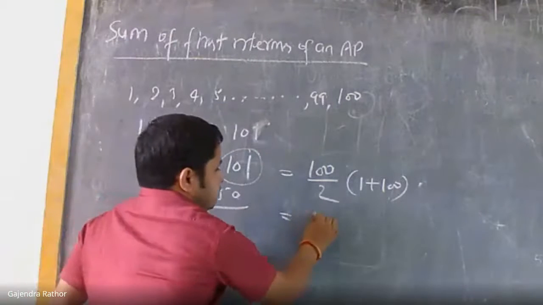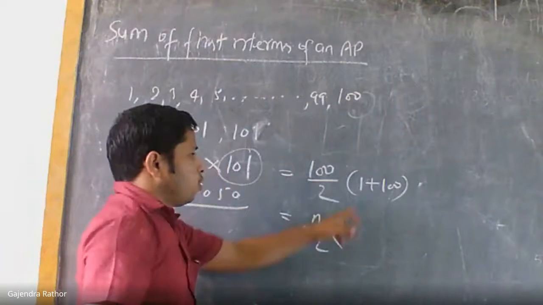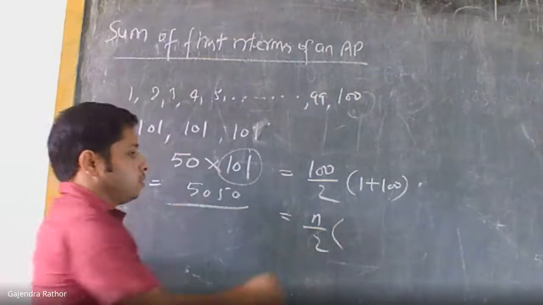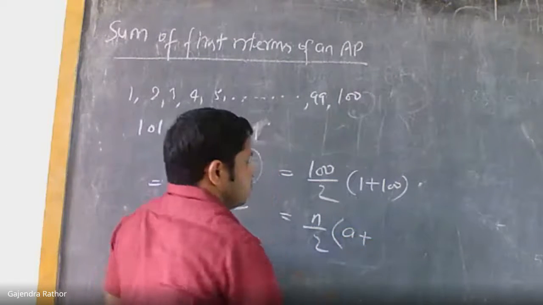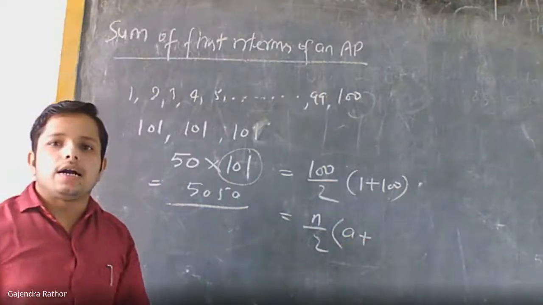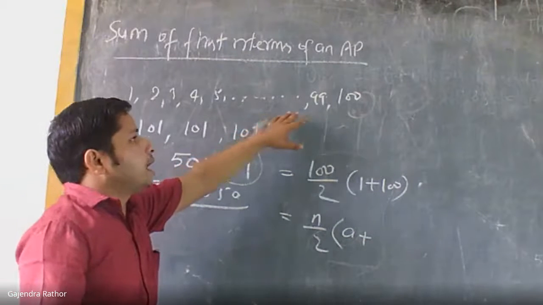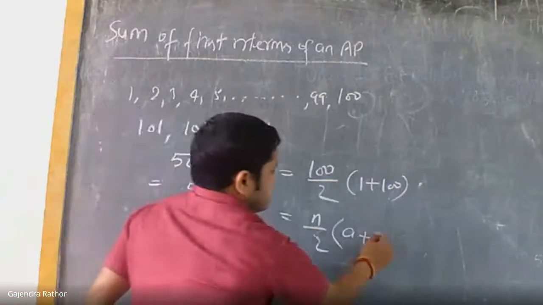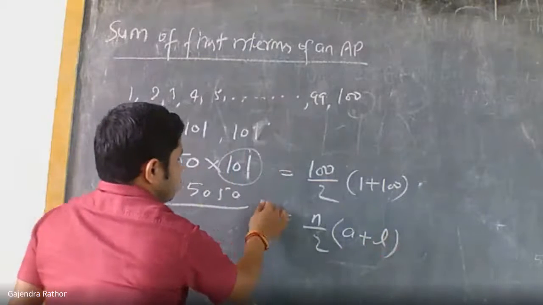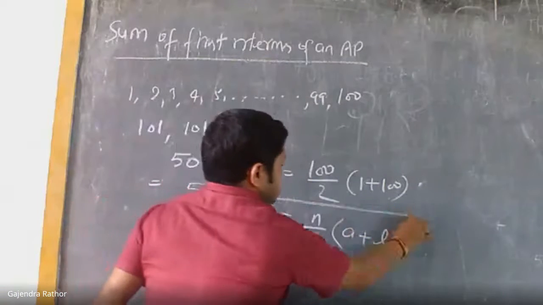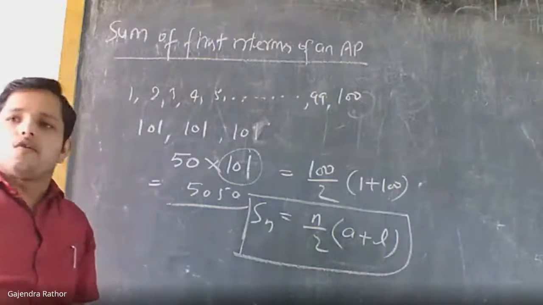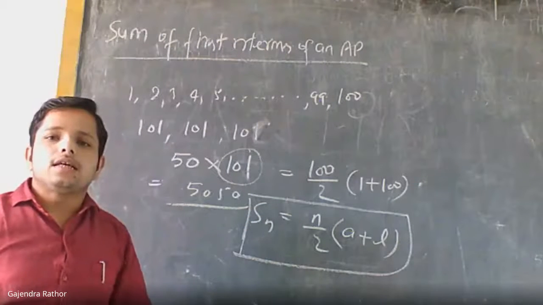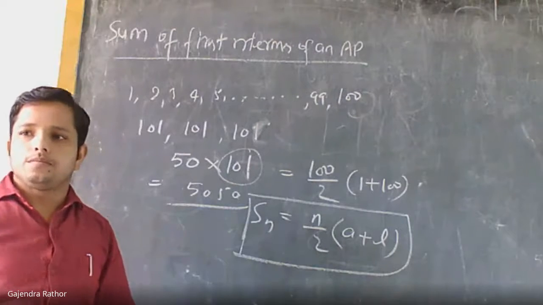So we can write n by 2. What is the 1? 1 is the first term. So we can write a. Now 100: what is the 100? 100 is the last term or nth term of this AP. Okay. So we got the formula very easily for finding the sum of an AP.